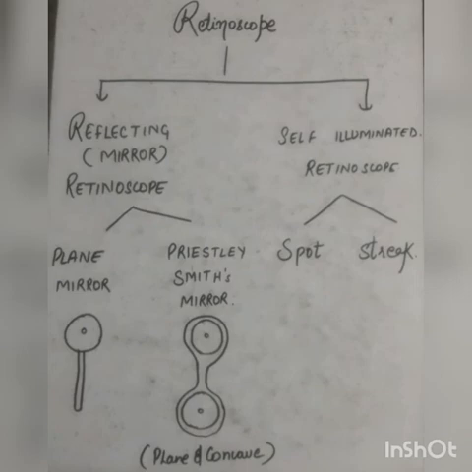The spot retinoscope reflects a beam of light from a circular source, whereas the streak retinoscope emits a beam from a lined source. Of these two major forms of retinoscope, the streak retinoscope is more useful clinically.